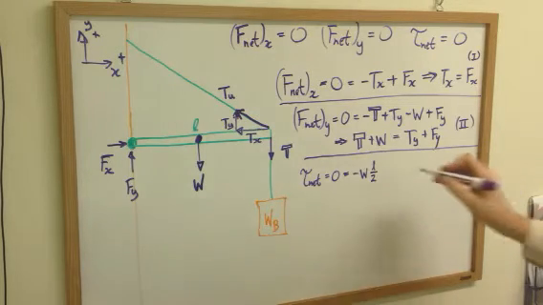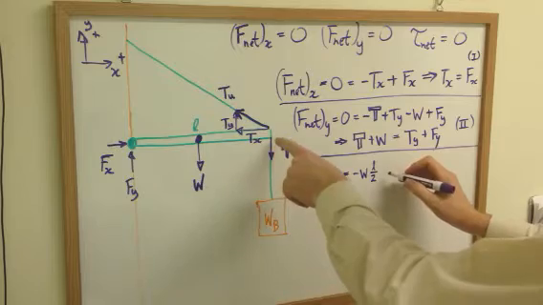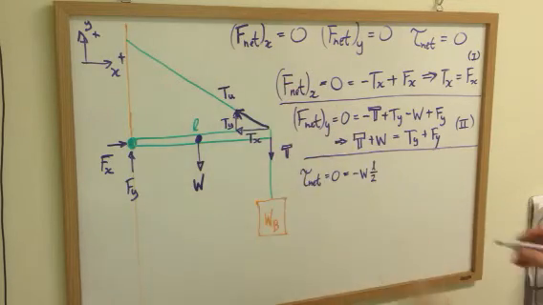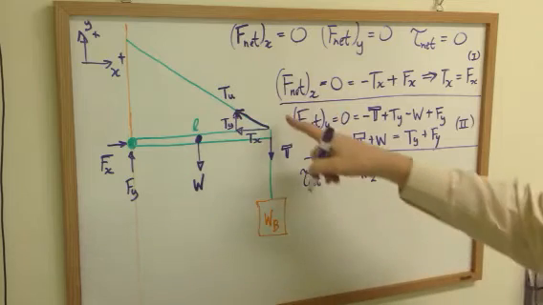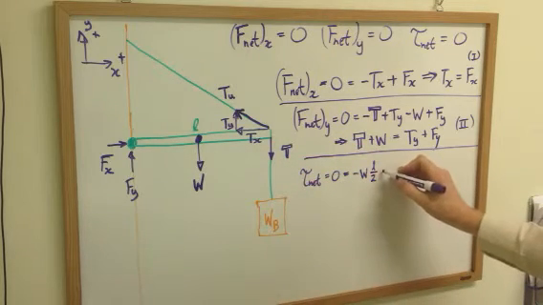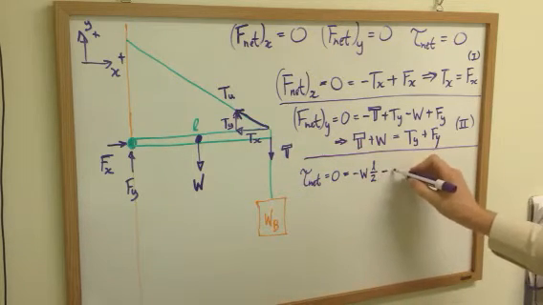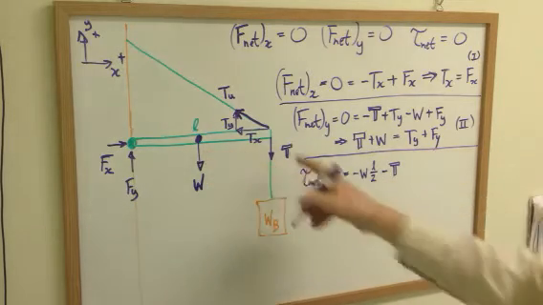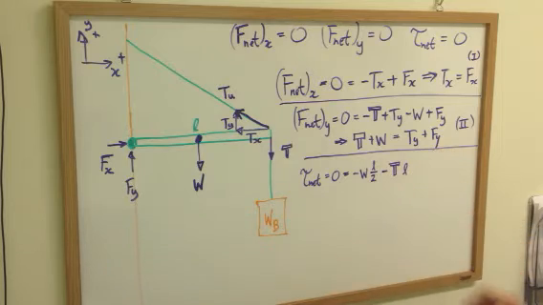And that's helped out in the clockwise direction by this tension, which has an effect at the full length of the lever arm, which is the entire beam.